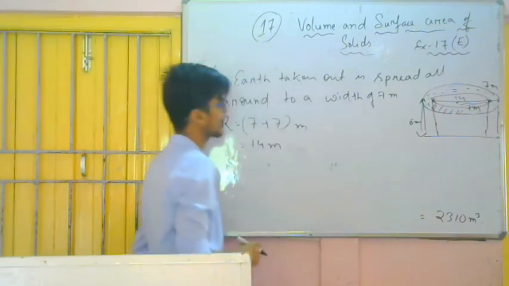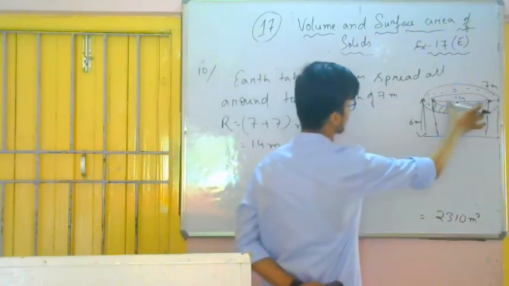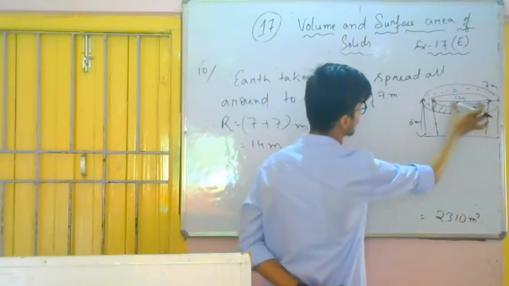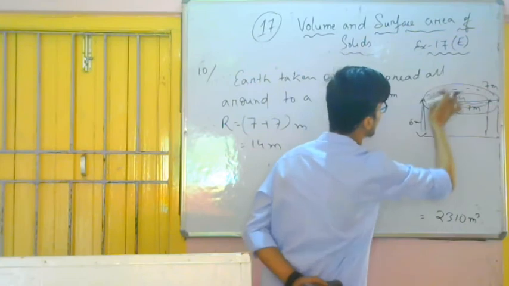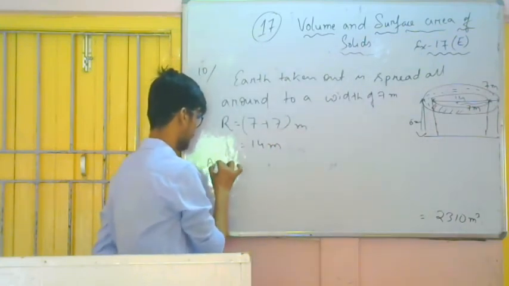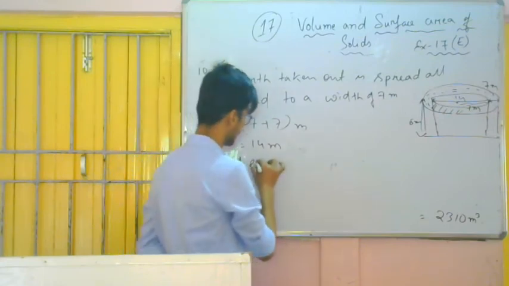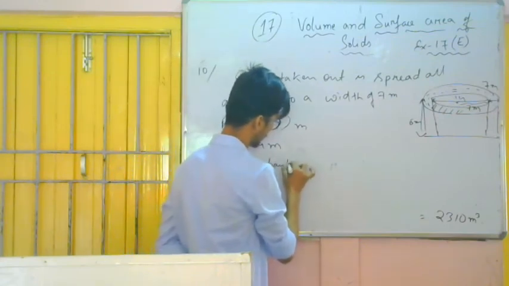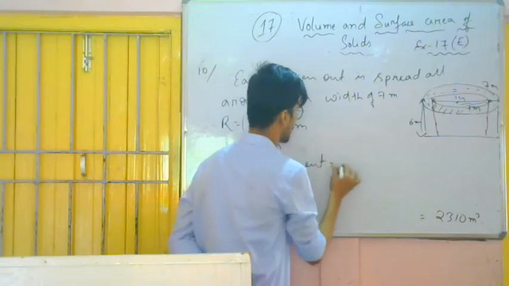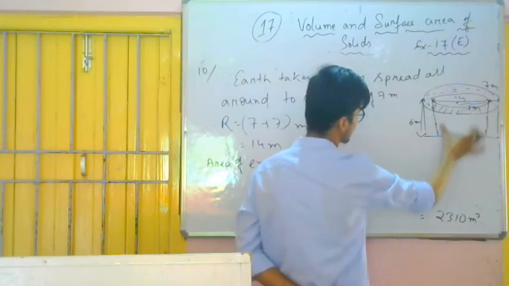If I want to find the area of this embankment, then from the area of this bigger circle, if I subtract this one, I will get the area of this embankment. So therefore, area of the embankment will be the whole area minus this inner portion.